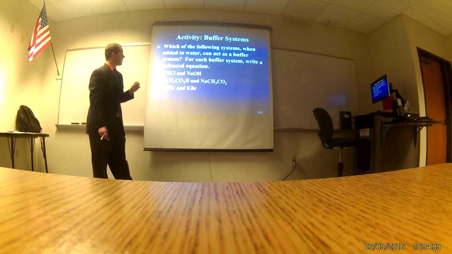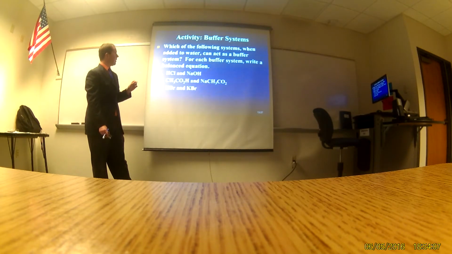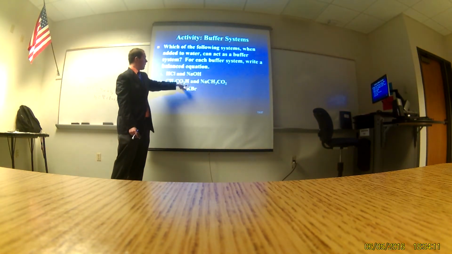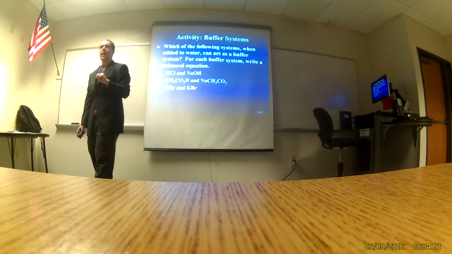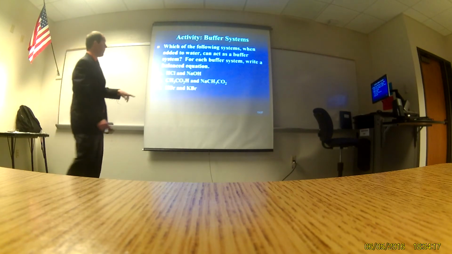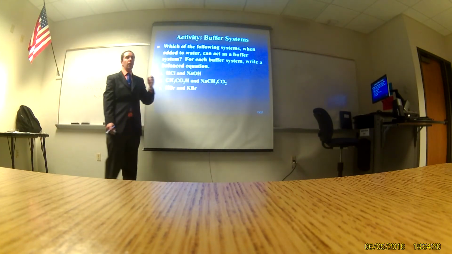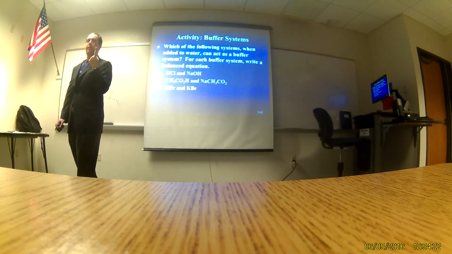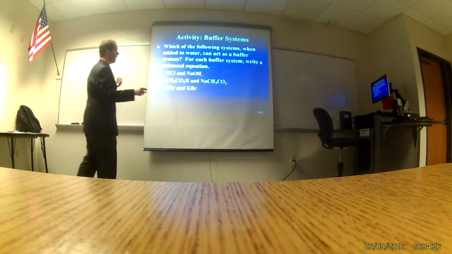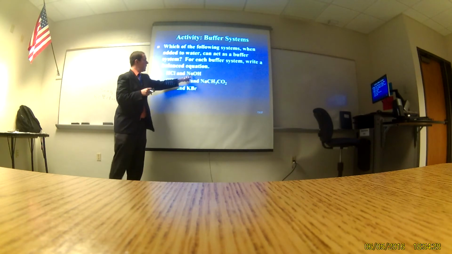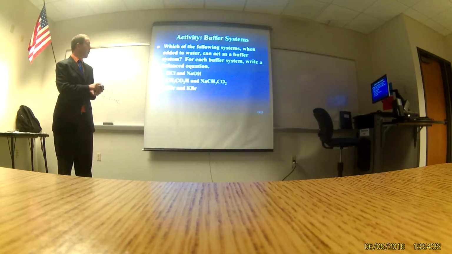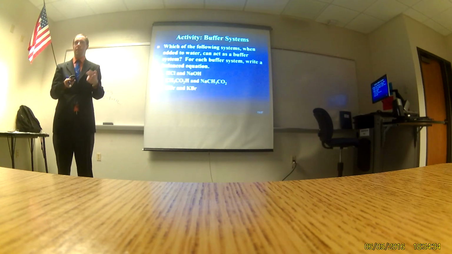So if you are asked if a pair of compounds can act as a buffer, you need to look at the pair and ask, are these two things different by one hydrogen? Let's take this first one as an example. Is the difference between these two things one hydrogen? No. They're not even close to each other. They're completely different.